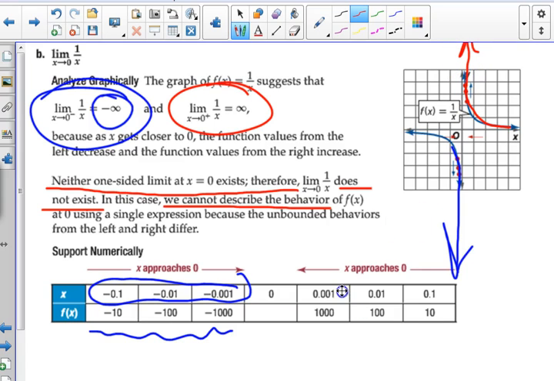It's going up, yes? Look, I put some numbers in just to the right, and I got really big numbers, yes? 10 and then 100 and then 1,000. Closer I got. So the right-hand side is approaching infinity. What's it doing at 0? Doesn't exist. It really doesn't exist to the left or right, but it definitely doesn't exist at 0 because it's going both ways.